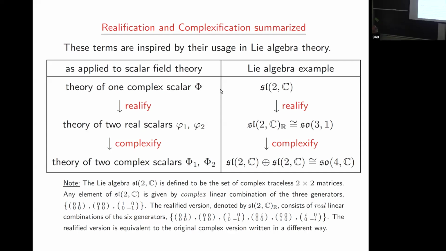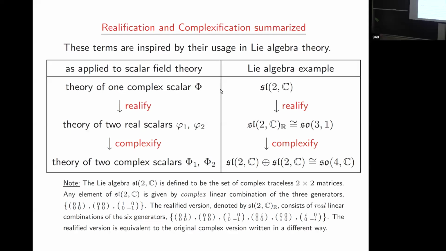But now I could complexify this by now allowing complex linear combinations. And when you do that, you actually get a direct sum of 2 copies of the original complex Lie algebra, which, by the way, is isomorphic to that complex Lie algebra. So this is the analogy of what we did.